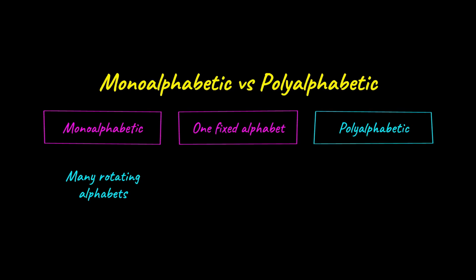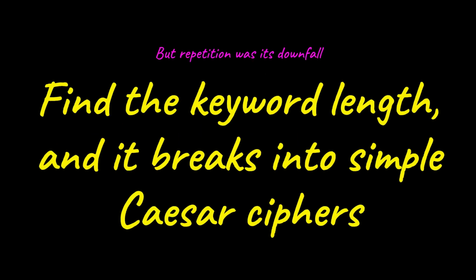A polyalphabetic cipher uses several changing alphabets, flattening those frequencies and making it far stronger. The keyword repeats at regular intervals, so the cipher is really several interleaved Caesar ciphers. Once the keyword length is found, each column falls to ordinary frequency analysis, and the indecipherable cipher's reputation did not survive that insight.